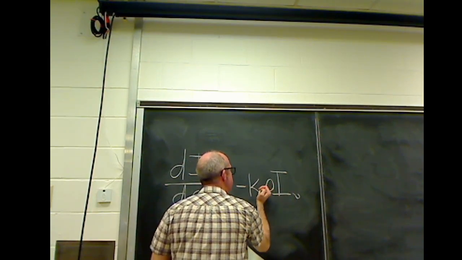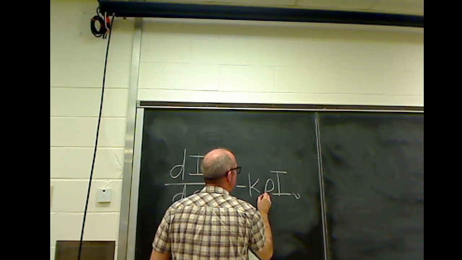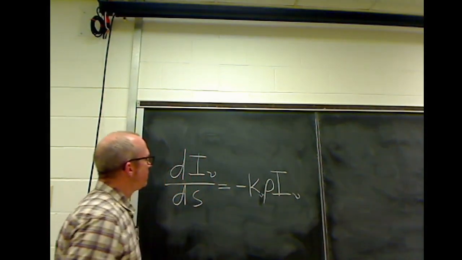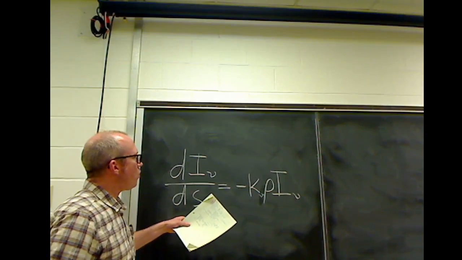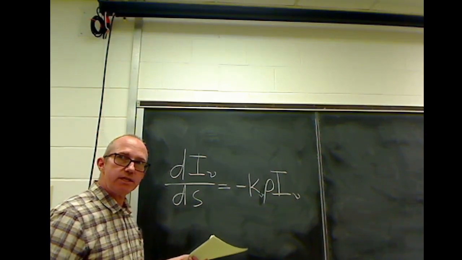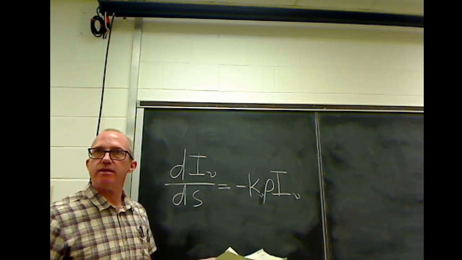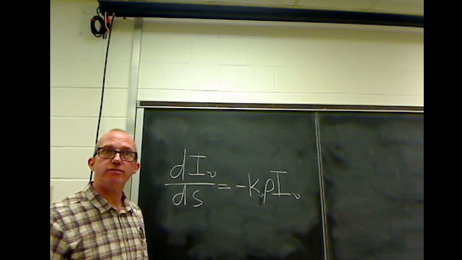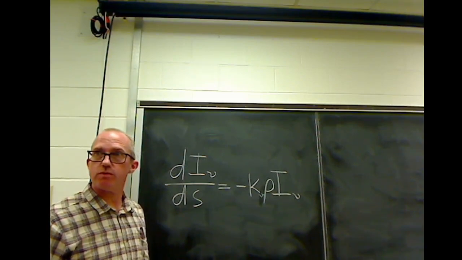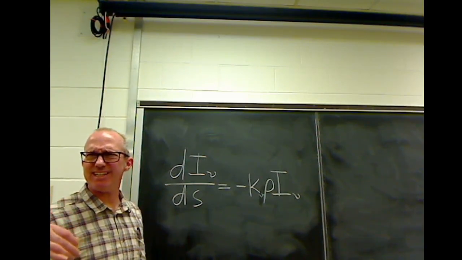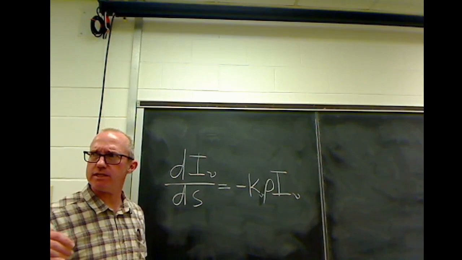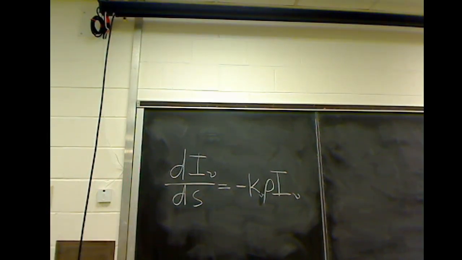Sorry, I need to make sure that this is really a kappa nu. So this equation is part of the radiative transfer equation. The other part of the radiative transfer equation is the source, which we'll talk about in a little bit. Maybe I'm not going to get to sources today. Maybe I'm only going to get to things being in the way.